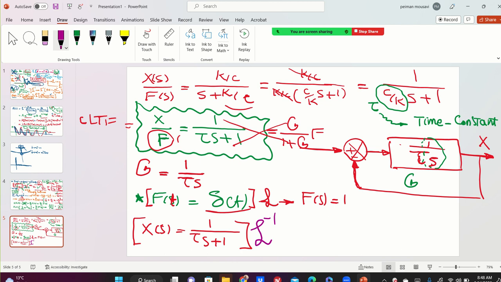If you do that, I know this is exponential, so x of t for the first order typical system is e to the minus t over tau, and you have 1 over tau also here. Simple like that. Do you want me to derive this, or can you do it, because this is very easy.